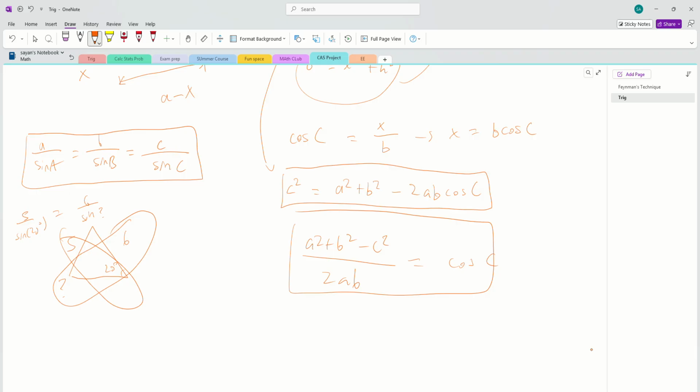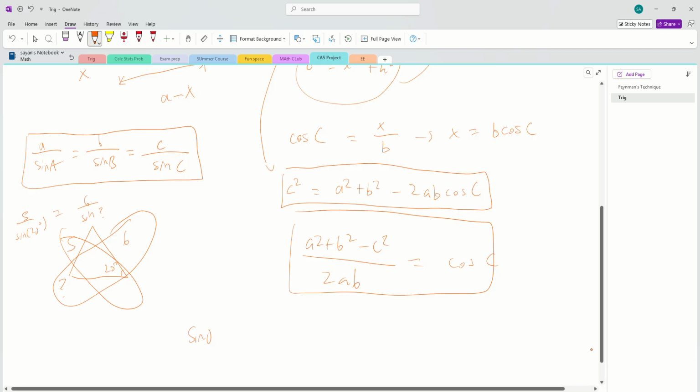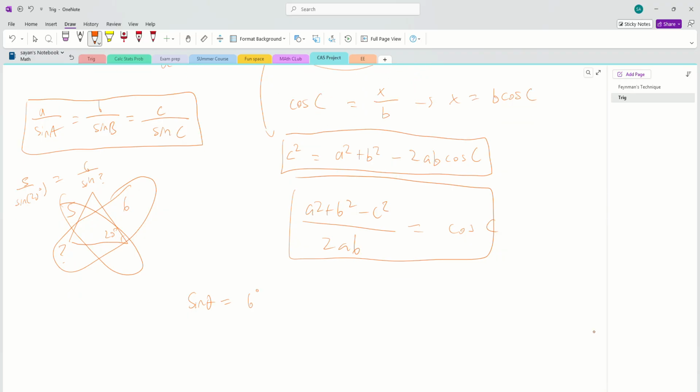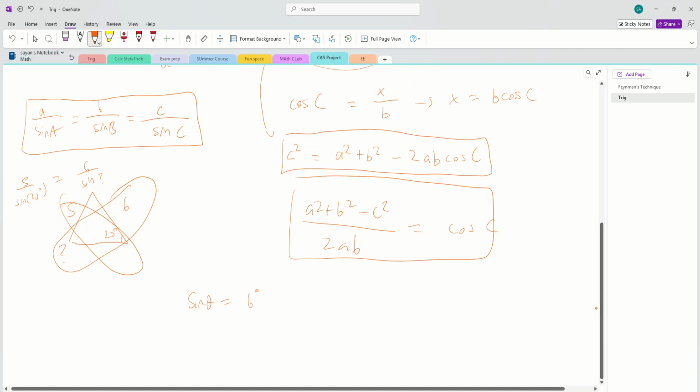And I did just realize I forgot to explain the algebra part of this. Let's say I had sine theta is equal to 6. Well, if I take arc sine on both sides, that will cancel this out, and we can say theta is equal to the arc sine of 6.